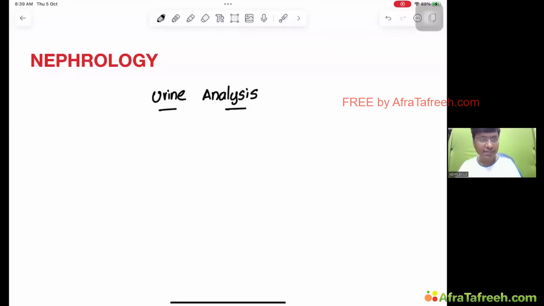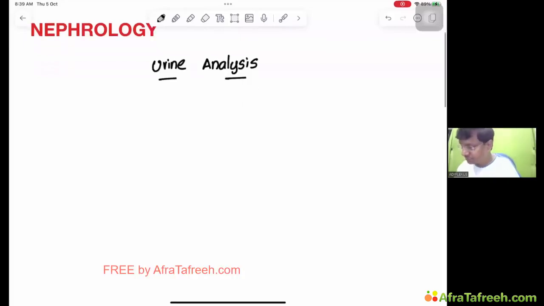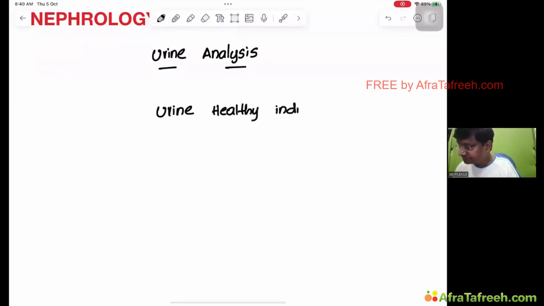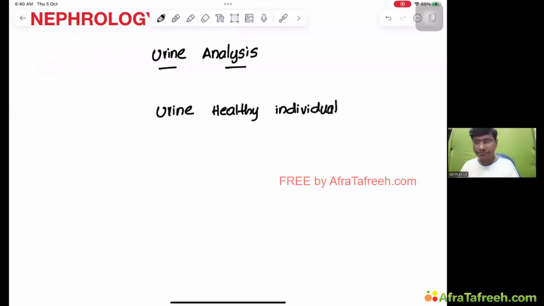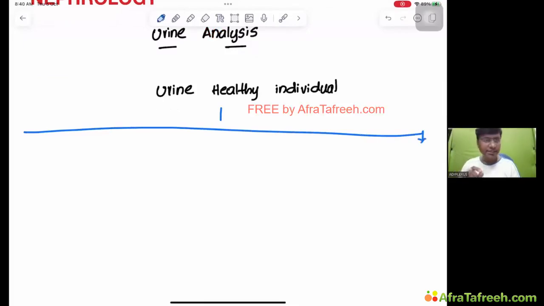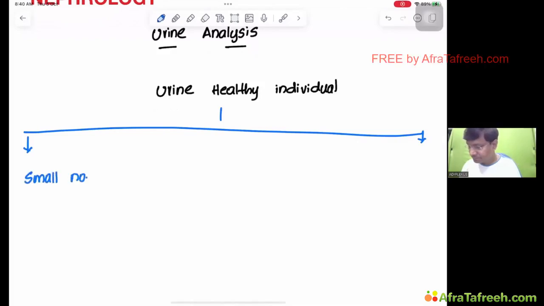Now, in the urine analysis, what does the urine of a healthy individual contain? So urine of a healthy individual contains a small number of cells, right?